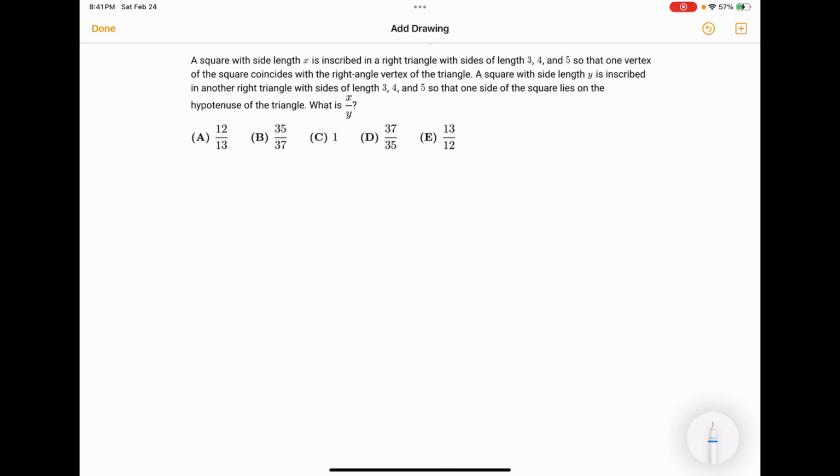So first we can draw out the first triangle. We have named the first triangle A, B, and C, and we will name the square A, F, E, and D. It tells you that the side length of the square is x.